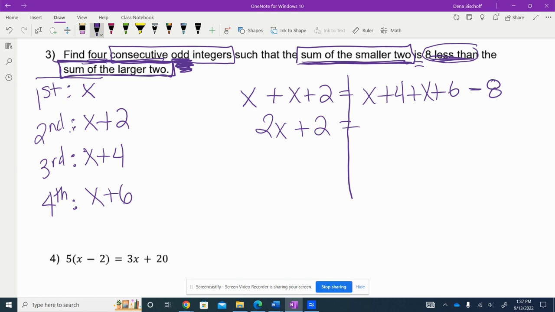Everett, on the right side, what can I group together? Just start with there. 2 variables. So I end up with 2 x's. Okay. Jaden, what else can I group together on the right side? So what is 4 plus 6? Minus 8 is 2. Okay.